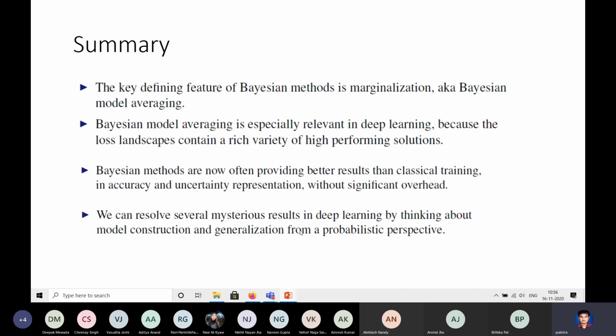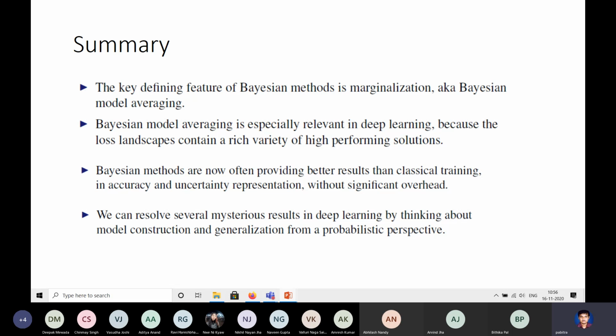So in summary, the defining feature of Bayesian methods is marginalization rather than optimization, as opposed to a standard neural network. In deep learning, this model averaging is even more relevant because stochastic gradient descent over the loss surface gives you a natural Markov chain Monte Carlo sampling.